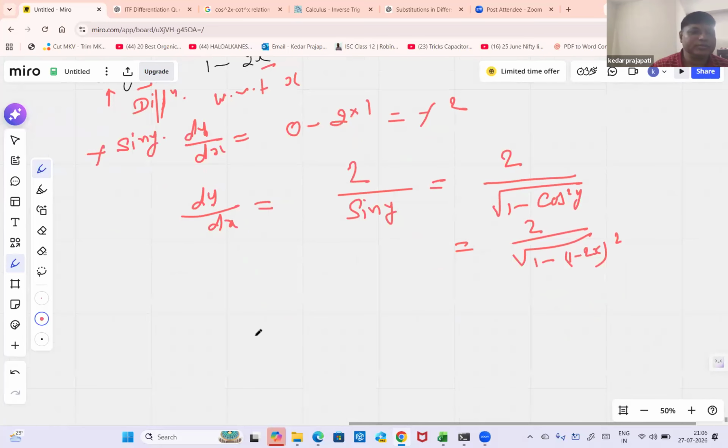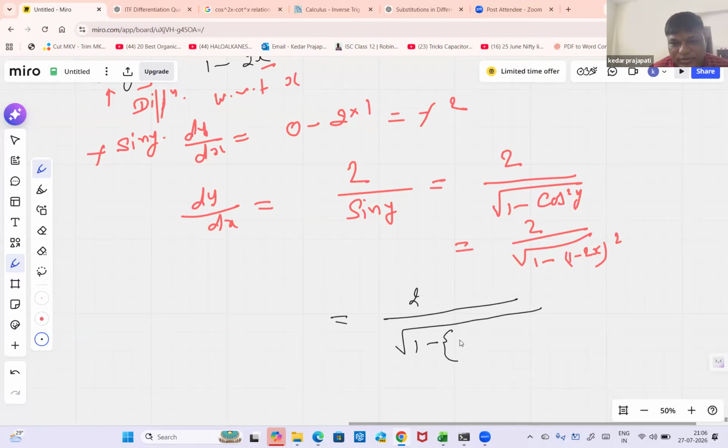You can solve it further. 1 minus (a minus b) whole square: this is 1 square plus a square plus b square, means it is 4x square minus 2ab, minus 4x.